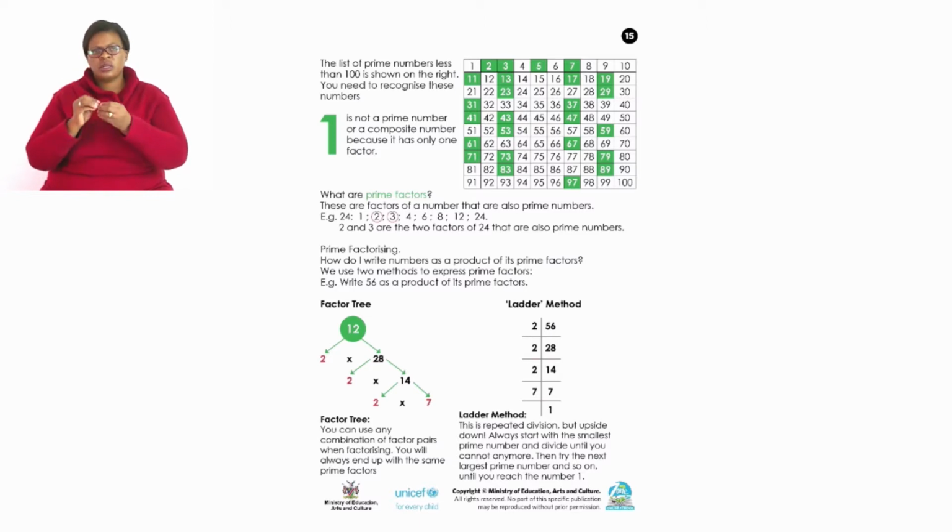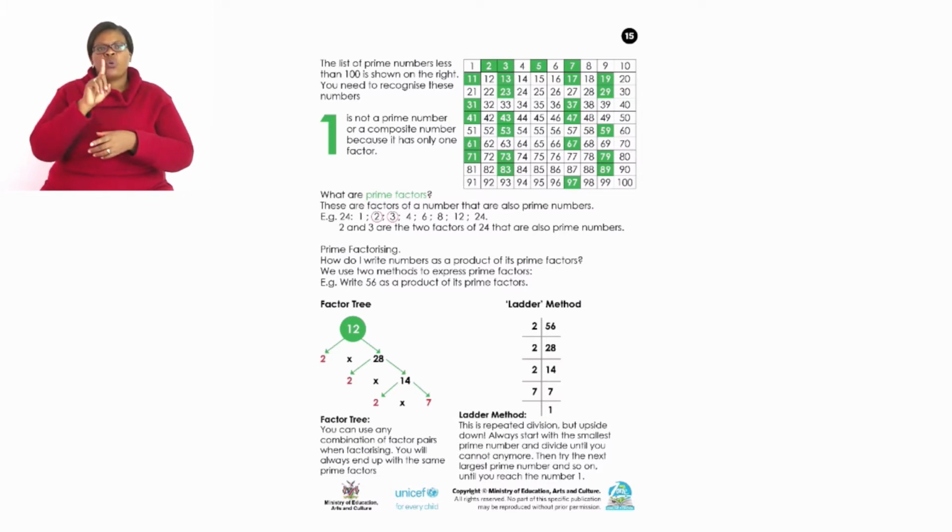Some are in green, shaded. You need to recognize these numbers. First, you need to know that 1 is never a prime number and is never a composite number because it has only one factor, which is itself.